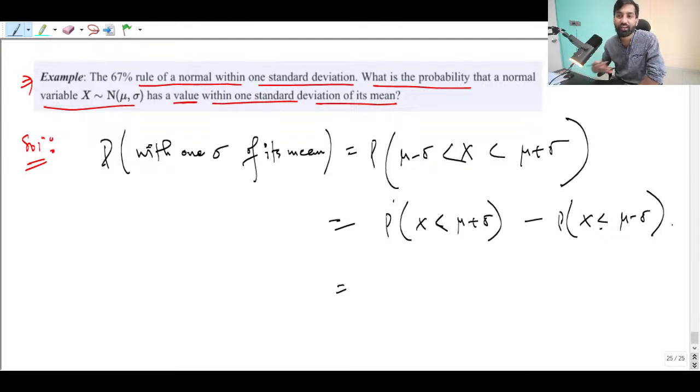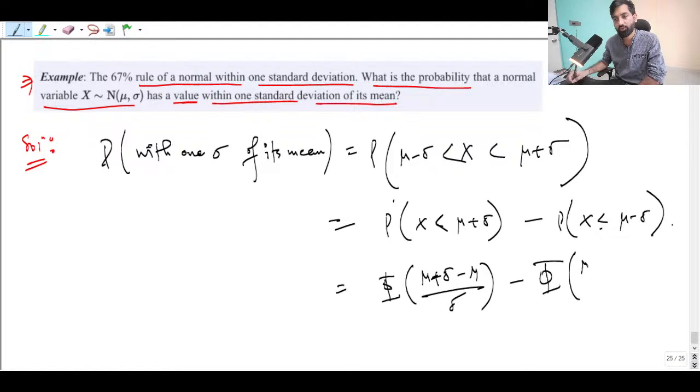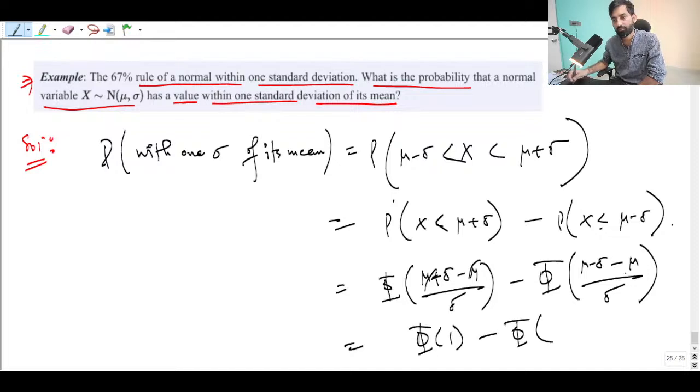So you have to first convert this into standard normal, right? You have to convert it into standard normal. So how to convert this into standard normal? You can say that phi of (mu plus sigma minus mu)/sigma minus phi of (mu minus sigma minus mu)/sigma. So mu is gone, sigma is gone, so this is phi of 1 minus phi of minus 1.